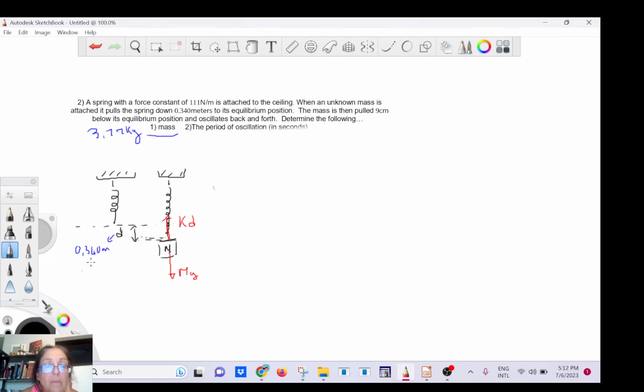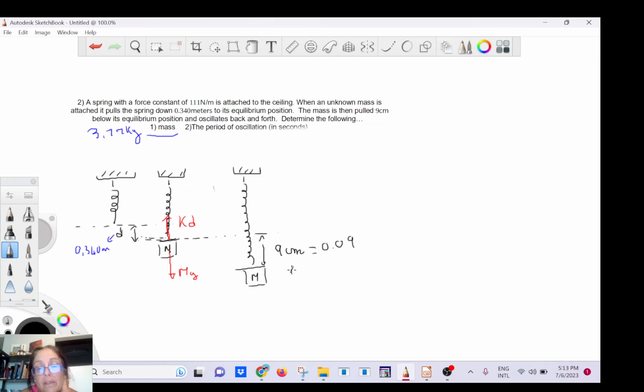So now I take the same one. From here, it's already pulled by 0.34 meters. And then I'm going to pull even more. So I still have the same mass here. Now that distance here is 9 centimeters, that's what it says here, 0.09 meters.